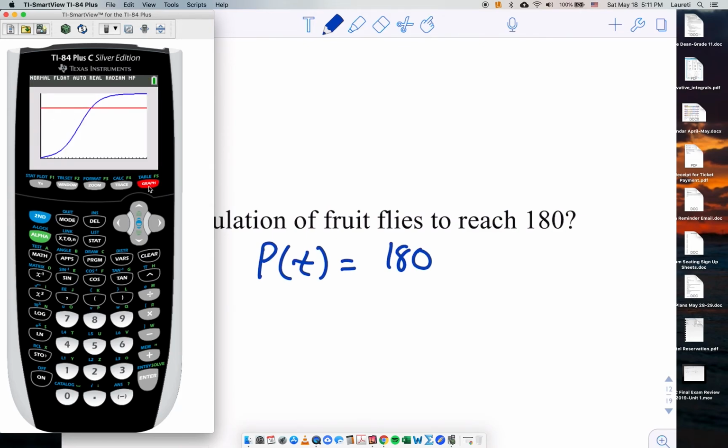Okay, hit graph now. All right, so you're going to try and find that intersection. So you're going to go second, trace. You're going to go to number 5, and then you're going to hit enter. You want this blinking X here to be close to the intersection. So hit enter 3 times. 1, 2, 3. So that would be your answer right here, 14.341.